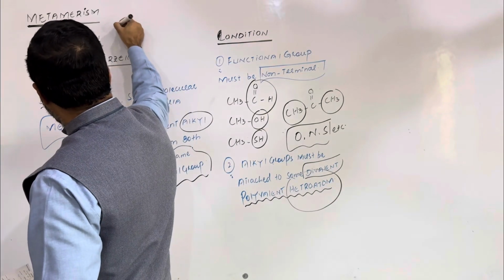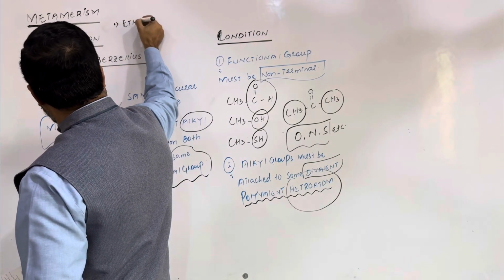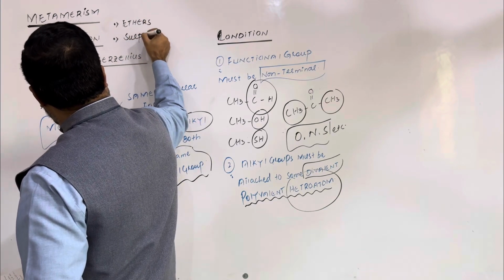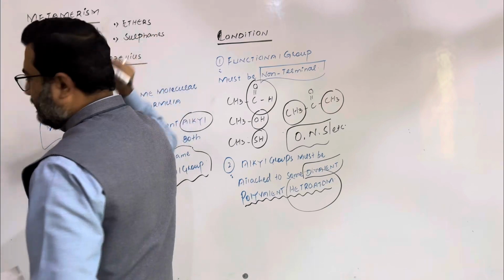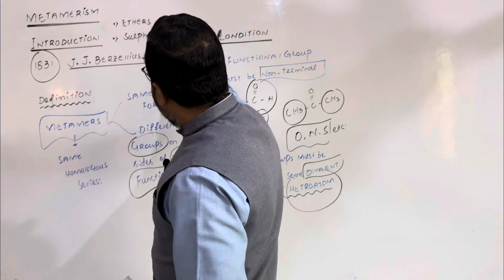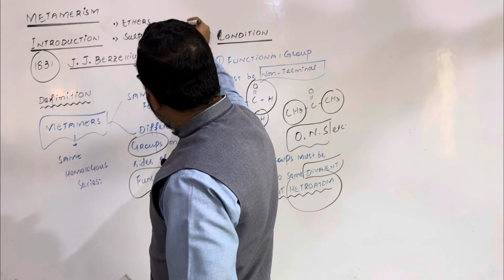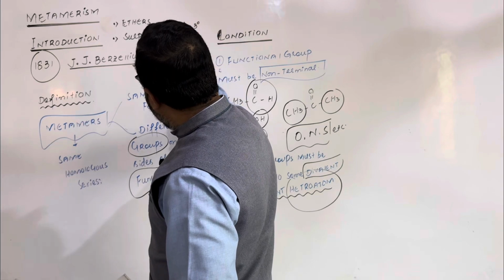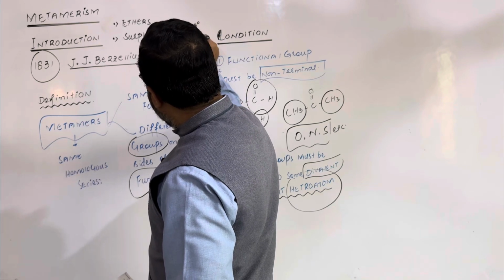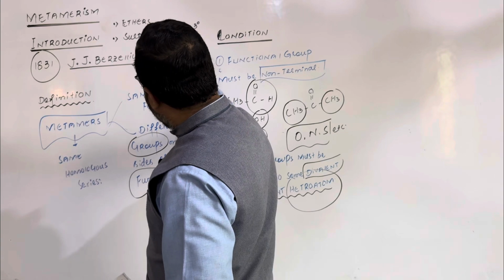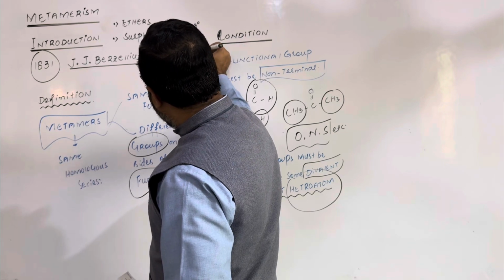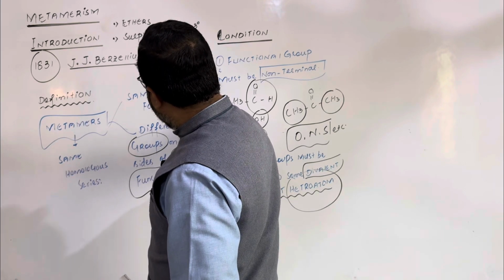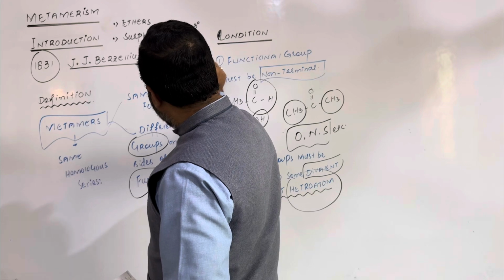Dear students, ethers, sulfanes, sulfoethers they are called, and you can say secondary and tertiary amines or amides, and similarly acid anhydrides.